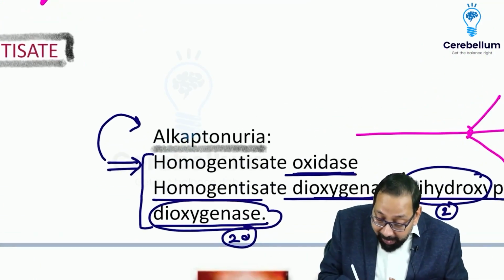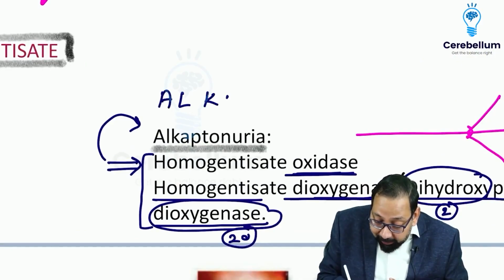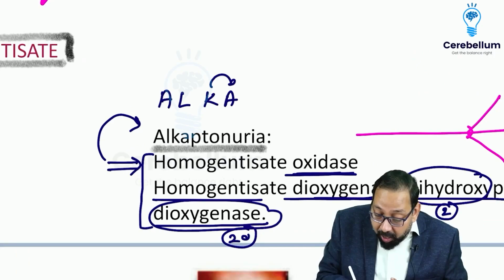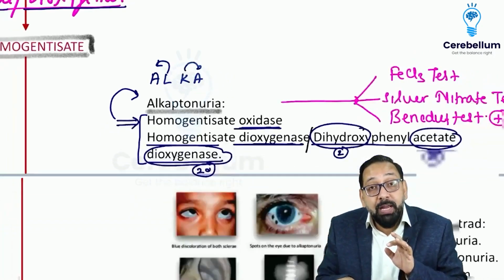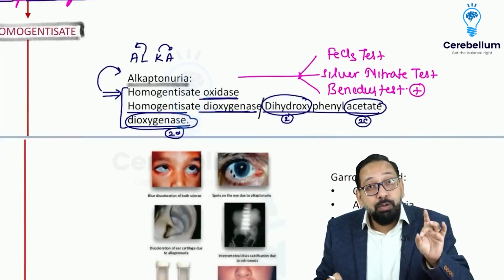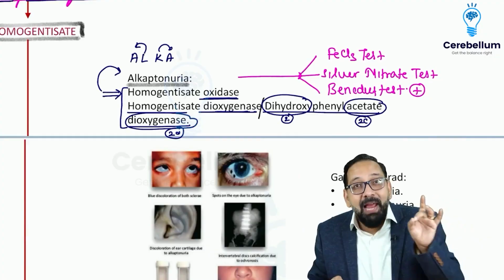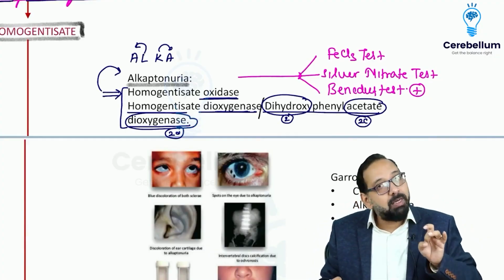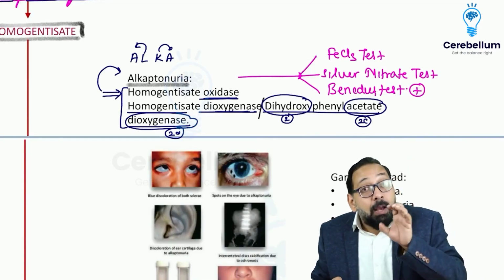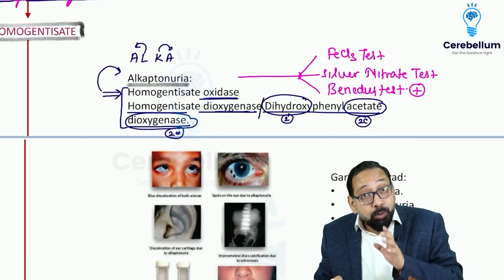I remember alkaptone like this, alkaptone, kala. Urine turns black on standing. Most of the time in a clinical scenario, you will find that urine turns black on standing, and immediately without second thought, you mark the answer alkaptonuria. Yes, but other symptoms are also important.